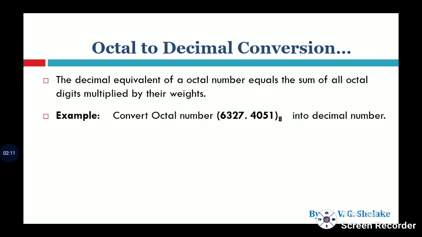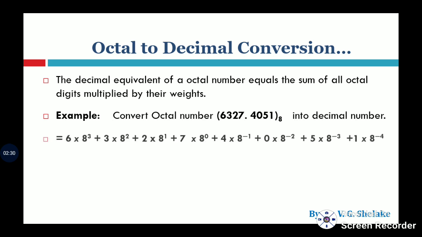For example, we have to convert the octal number 6327.4051. That is an octal number. So this is a valid octal number because the symbols 0 to 7 are used, and this is a base 8 number system.